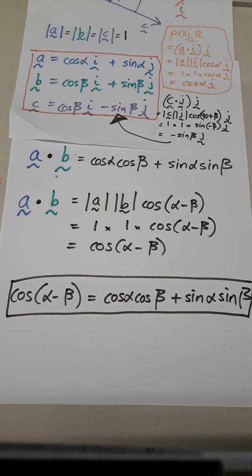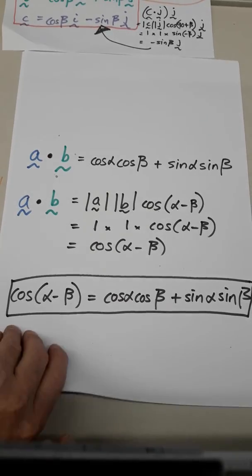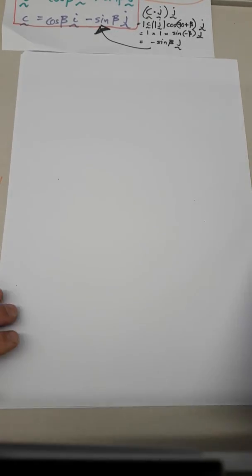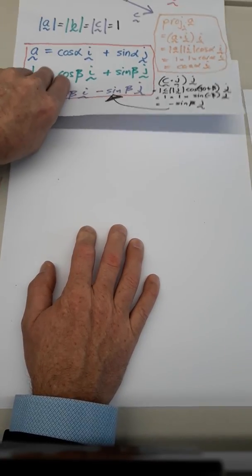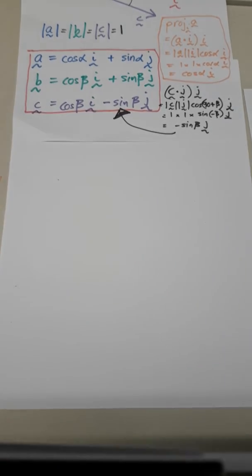So, okay, that's A dot B. We could also work out what A dot C is from this. So let's try that. Here's our vectors up the top of the page. Let's work out what A dot C is.